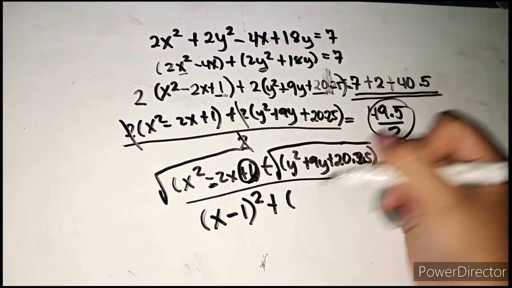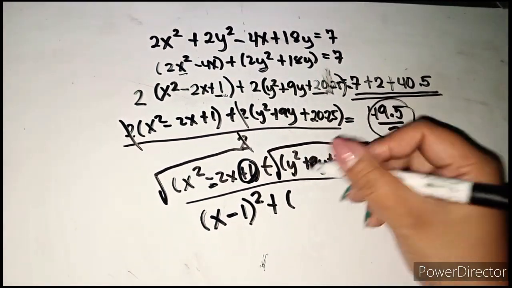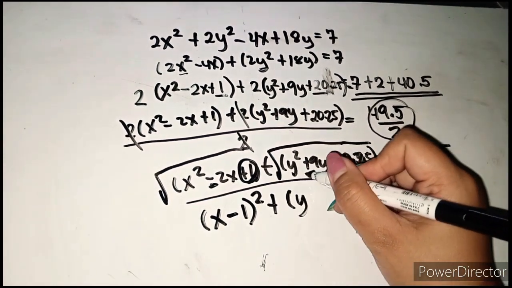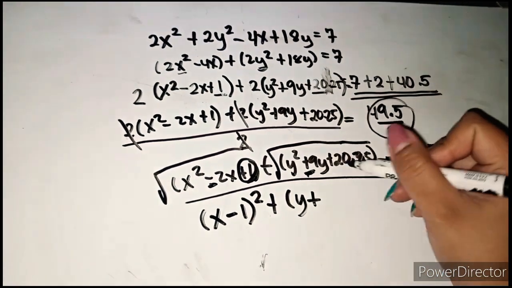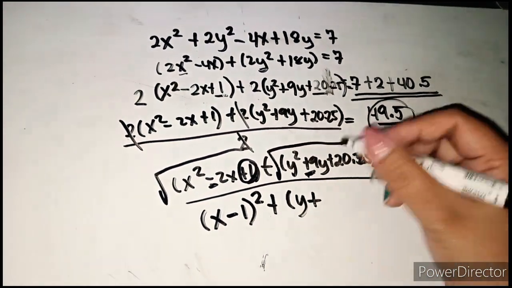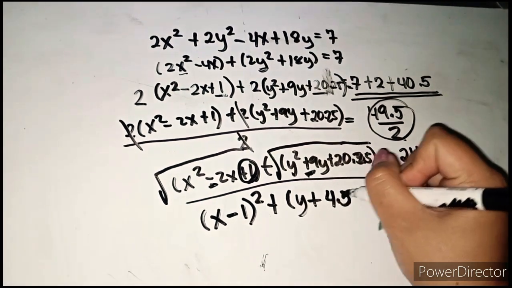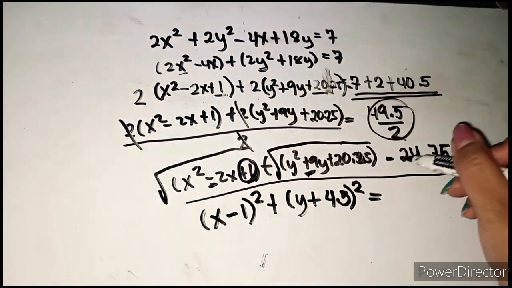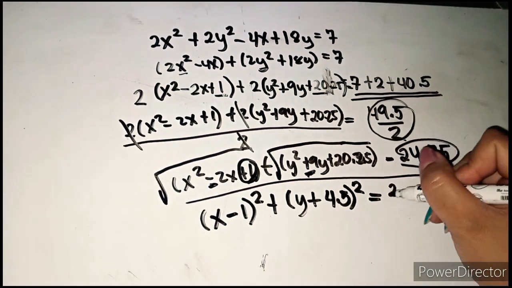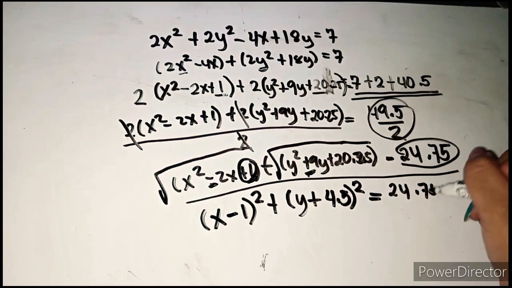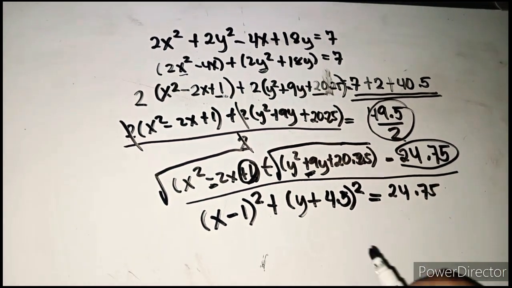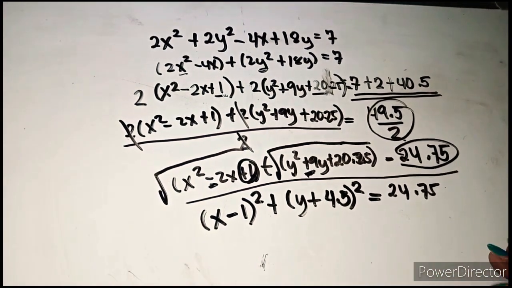Plus, open parenthesis. Square root of y squared is y. Copy the sign of the middle term, which is positive. Square root of the last term, which is 4.5. Then, squared. Equal to, kopyahin na lang natin to. So, we have 24.75.